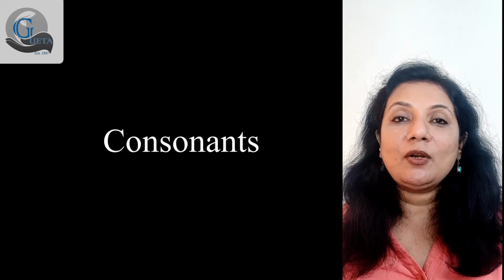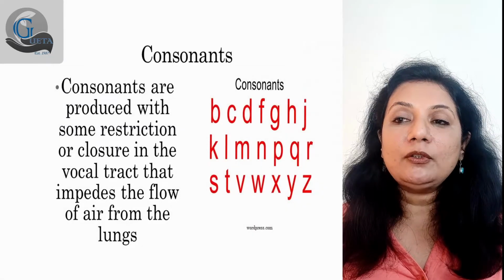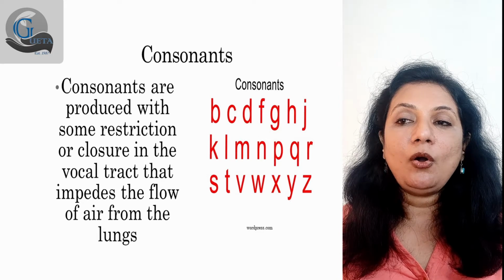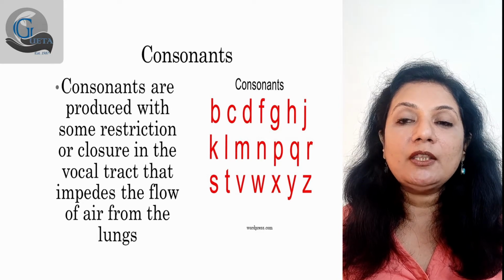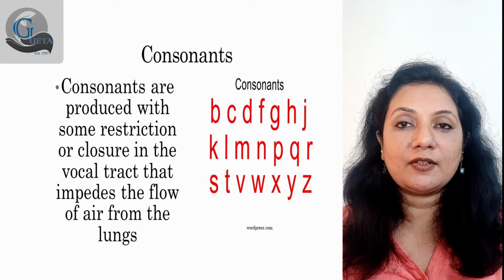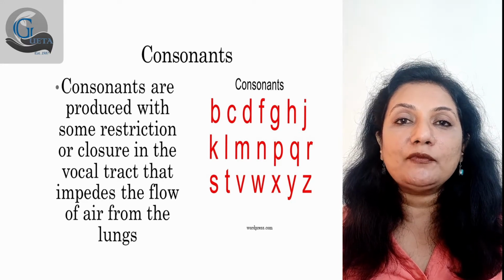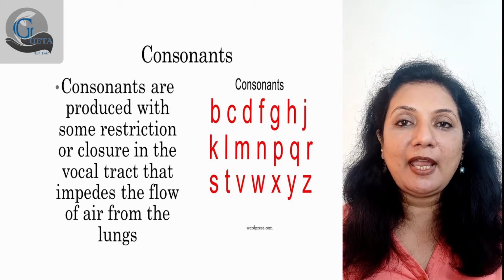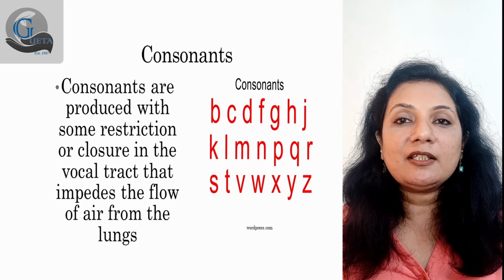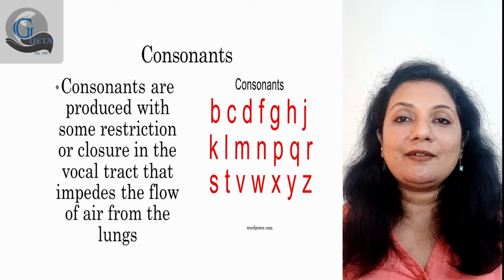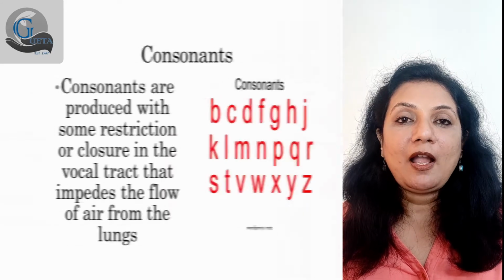Now let us see what are consonants. Consonants are produced with some restriction or closure in the vocal tract that impedes the flow of air from the lungs. So in the production of the consonant sounds, there is some closure of the air passage, and then sometimes the air is released suddenly or sometimes it is released slowly.